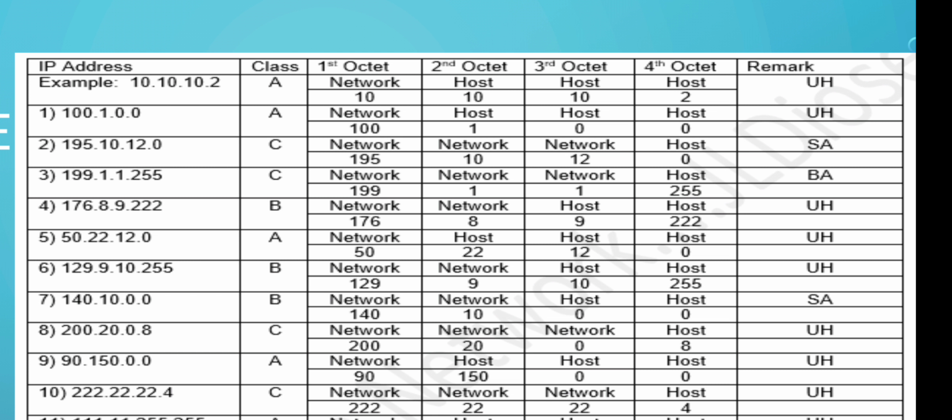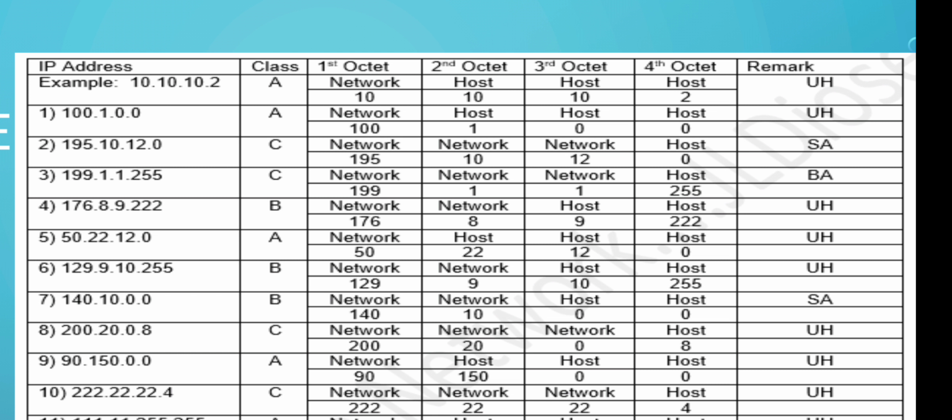Next, number 2. We have 195.10.12.0. Oh, we have here class C, because it is in the range of class C, 192 to 223. The network part of number 2 is 195.10.12 and the host part is 0.